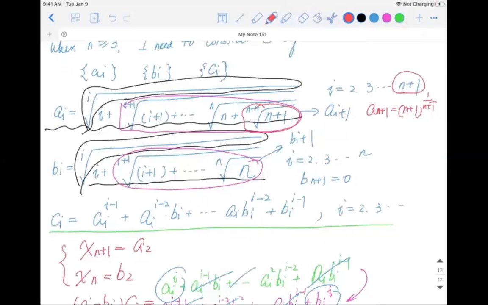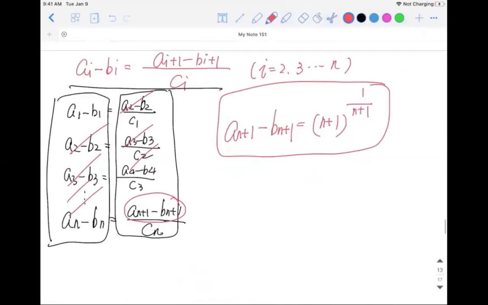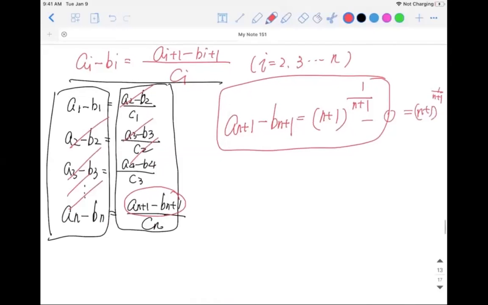Then what about B_{n+1}? B_{n+1} is actually 0. It's defined by my definition. So this one minus 0 will be equal to (n+1) to the power of 1 over n+1, right? If we put everything together, we'll find out that A_2 - B_2 will be exactly equal to (A_{n+1} - B_{n+1}) times C_2, C_3, all the way to C_n.